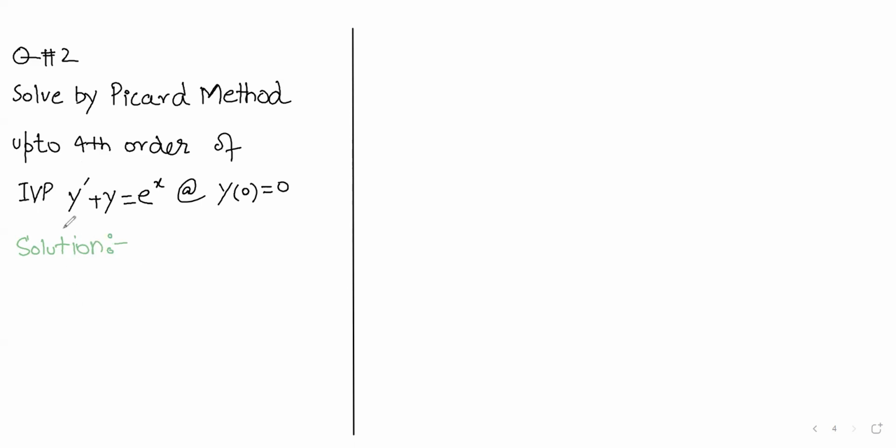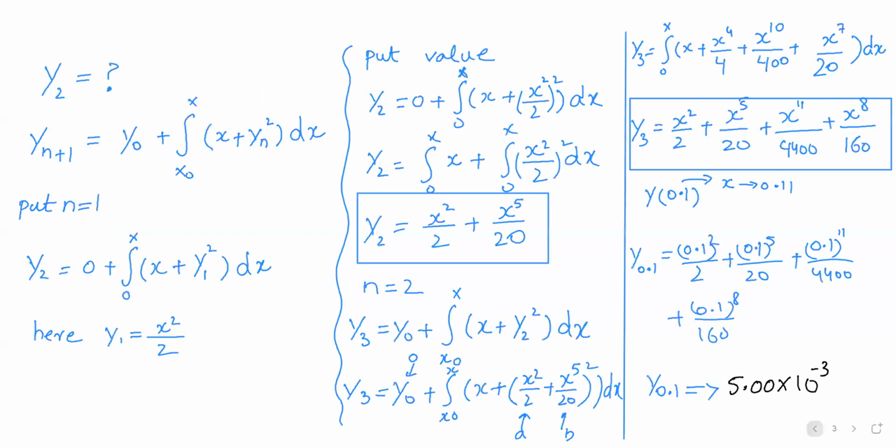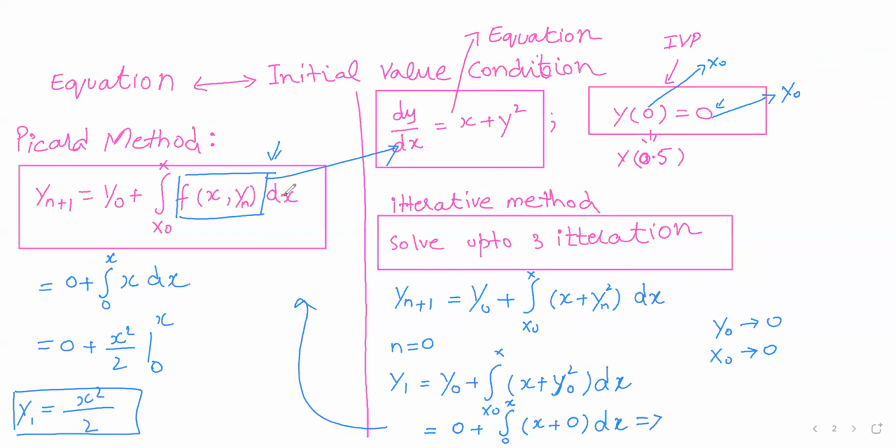We can write this equation as dy by dx plus y is equal to e raised to power x, or we can say that dy by dx is equal to e power x minus y, right? Because we have to use this particular formula. So in this particular formula, we need the form of dy by dx.